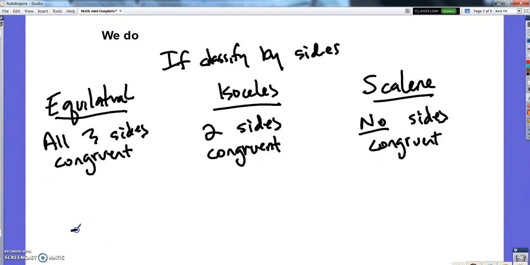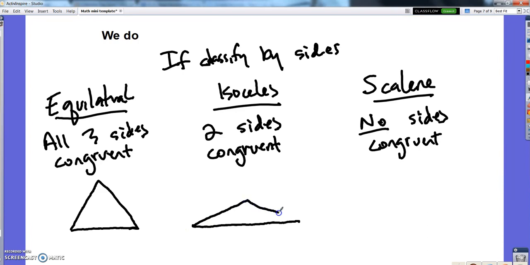Each equilateral always looks the same. They can change their size, but they always have this kind of look, like the classic triangle, where all three angles are the same and all three sides are the same. Isosceles usually look like one of two things. They either are really long, with a big obtuse angle at the top, like that, and these two sides are the same.